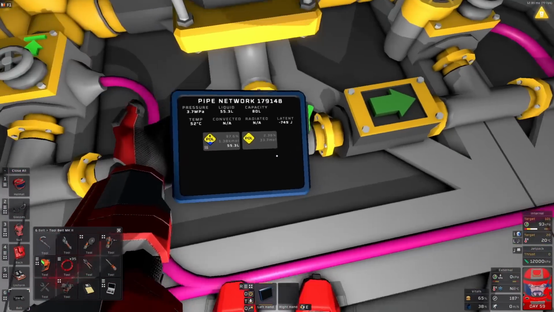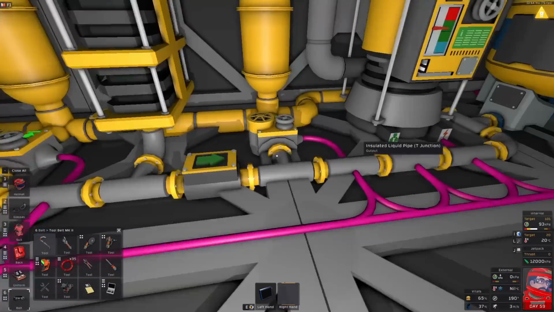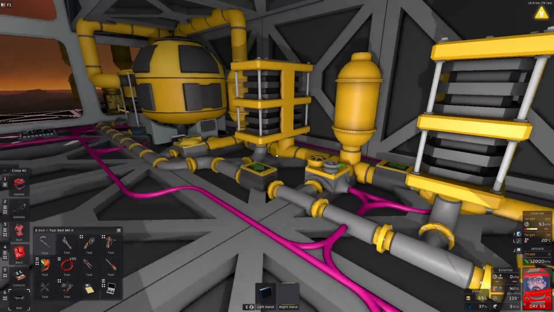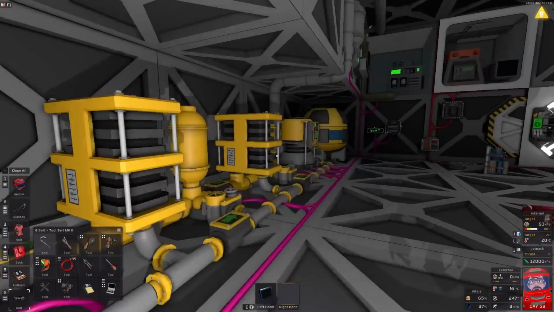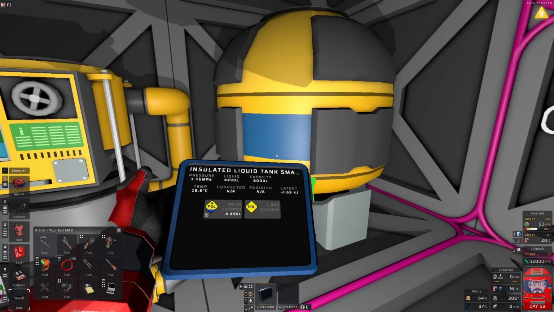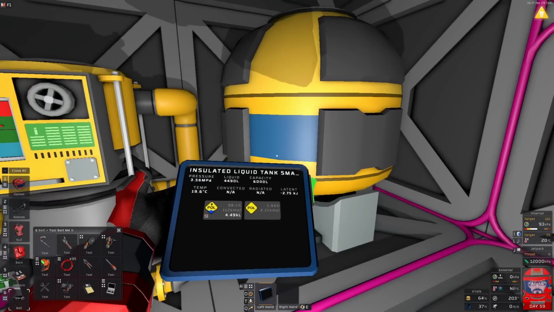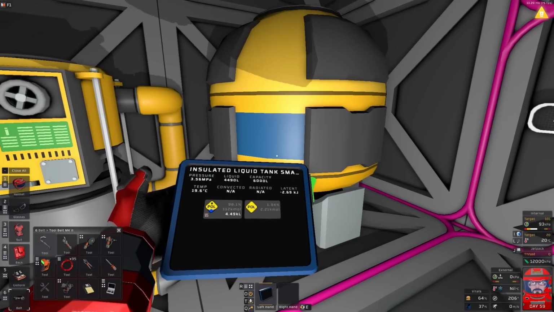So then I should be able to cool it down even further as the liquid gets cooler as it comes in. This gets repeated 4 times. 1, 2, 3, 4 times. And then it gets just stored as a liquid reserve there. So during the day, when the sun's up, this will go down. Very slowly, but it will go down.